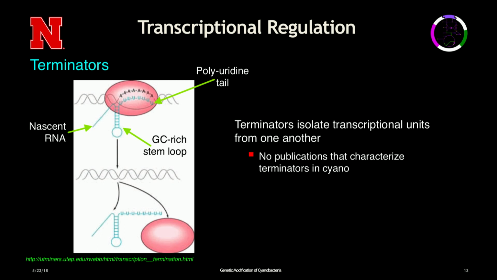We understand why we are talking about terminators, right. At least in the domain of cyanobacteria, no one has characterized this. However, for other unicellular microorganisms, there are successful applications of terminator design to regulate a gene.